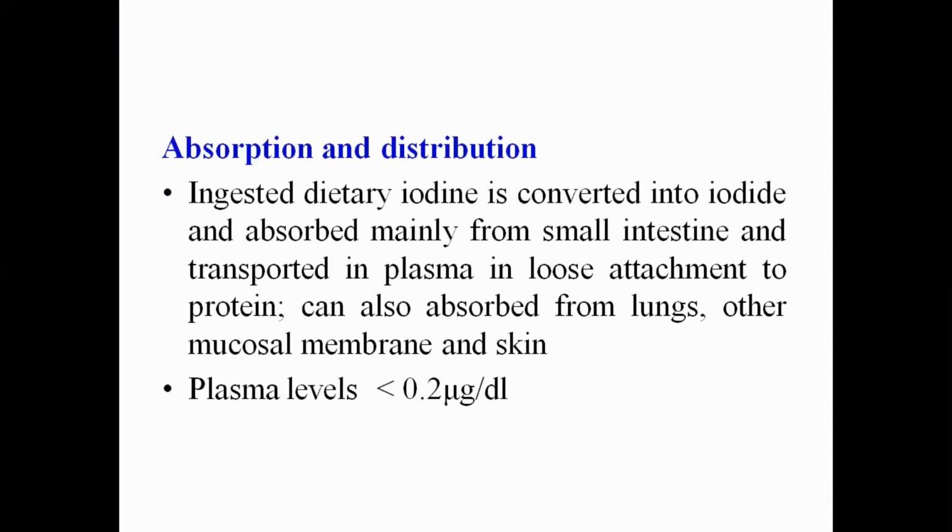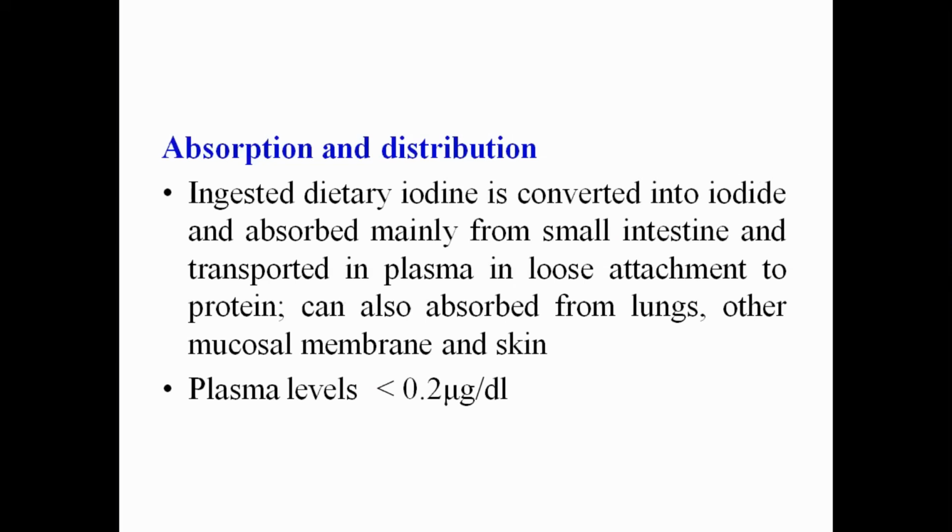Absorption and distribution. The ingested dietary iodine is converted into iodide in the stomach and absorbed mainly from the small intestine, that is from the duodenum, and transported in plasma in loose attachment with plasma protein.